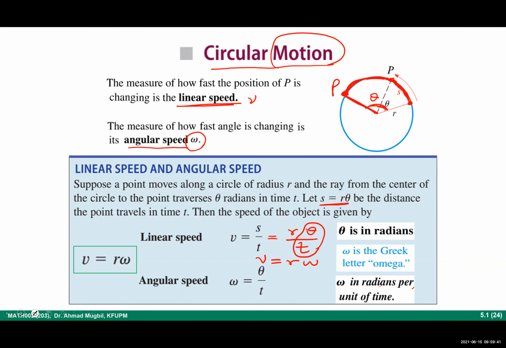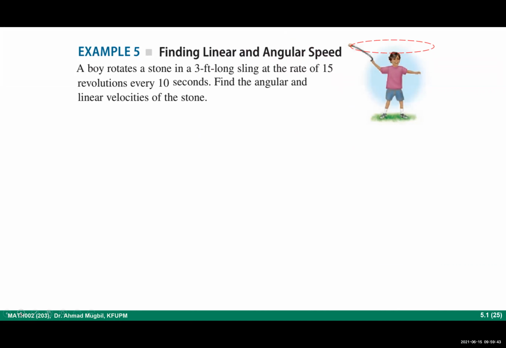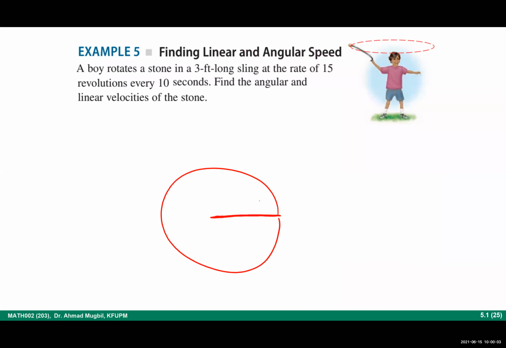Let's take an example. We have a boy rotating a stone in a 3 feet long sling. Let's go one by one. This is the boy and this is the sling, the rope that he has. Now he starts rotating this rope in a circular way, like this.